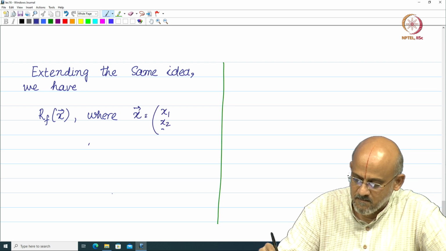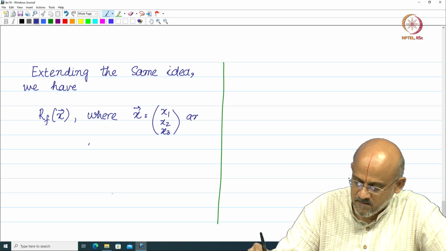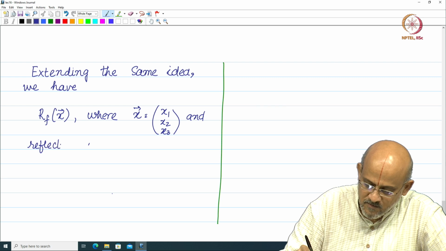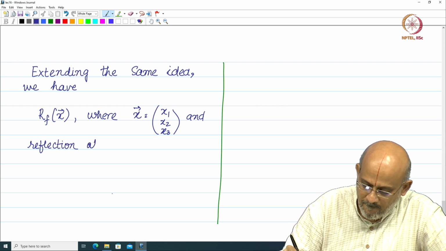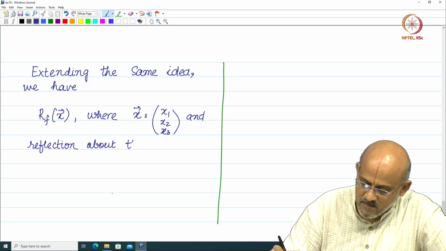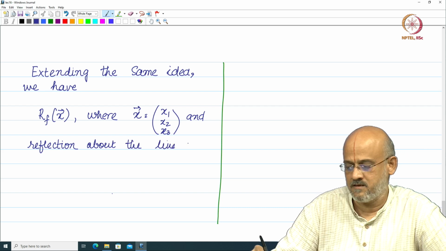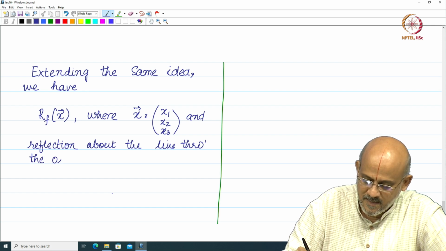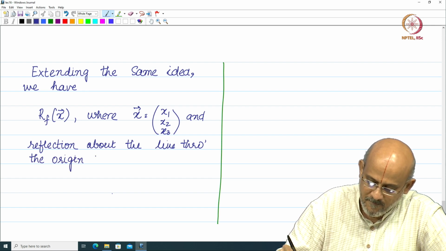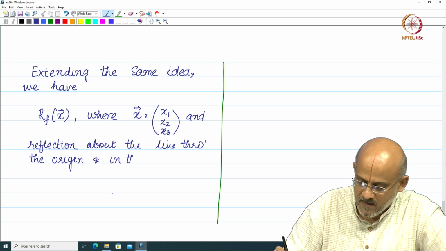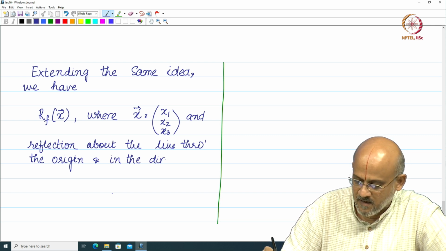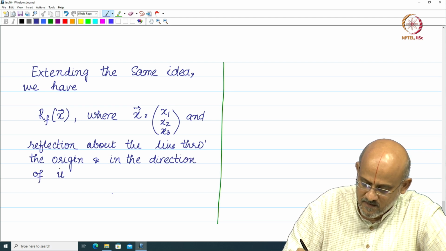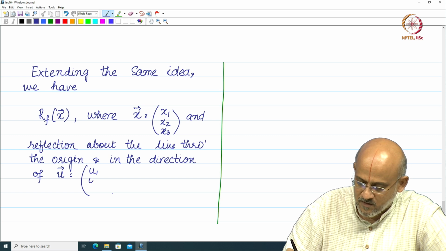and the reflection is about the line through the origin and in the direction of the vector u, which is given by u1, u2, u3.